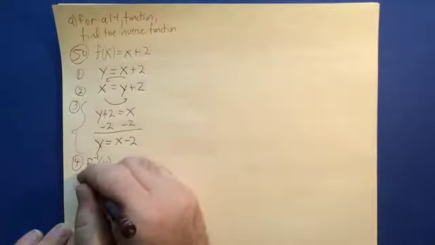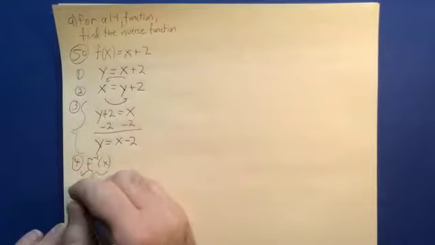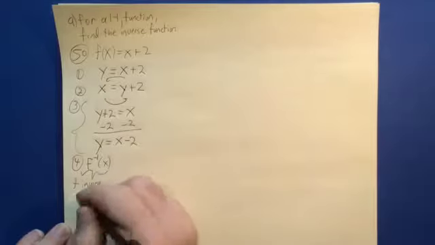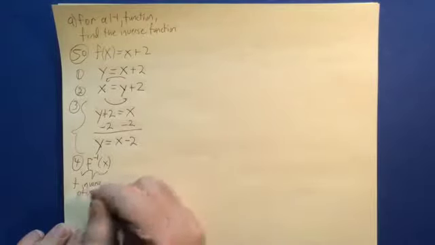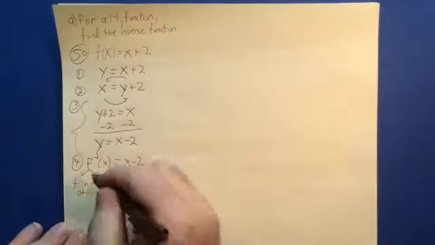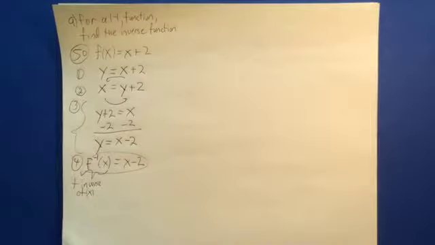So up here, this is read as f inverse of x, okay? And that's going to be equal to x minus 2. So this is the inverse function that we're looking for in the problem. So I'm going to work through probably about 4 of these questions before we go on and take a look at what the graph of these look like so you can see the connection of what's going on.